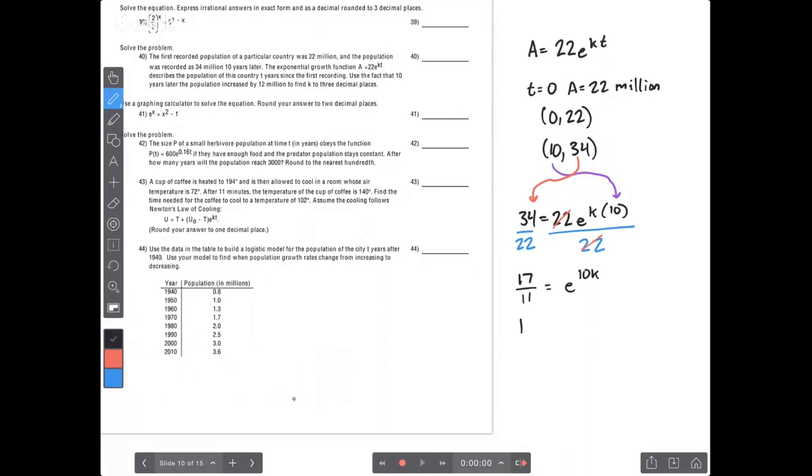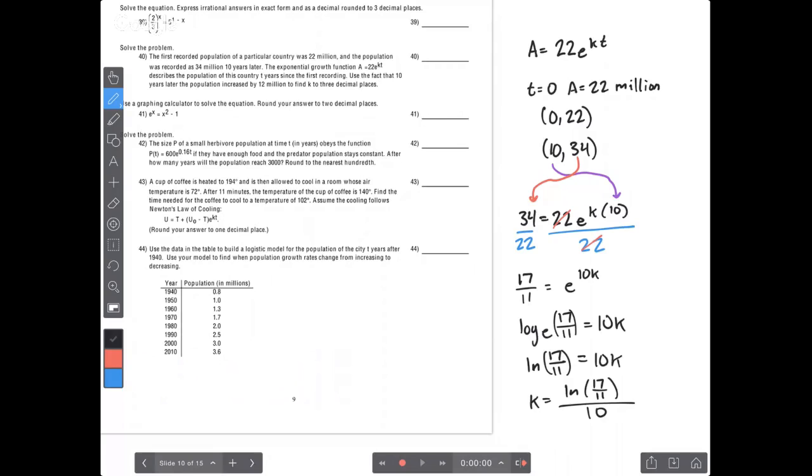So log base e of 17/11ths equals 10k. Oh, log base e, we know that one. That's the natural log of 17/11ths. And that equals 10k. So k is going to be the natural log of 17/11ths all over 10.